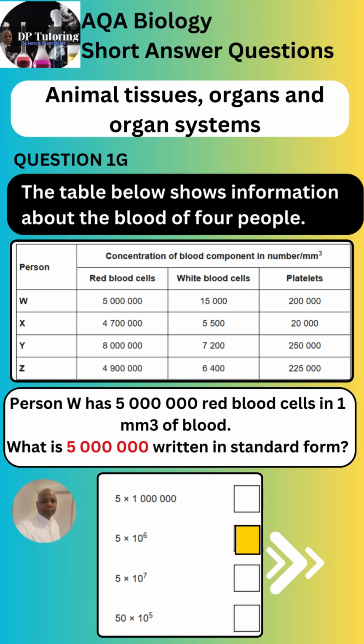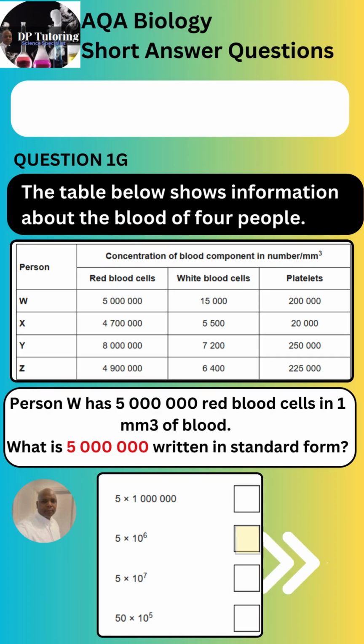The correct answer for writing 5 million in standard form is 5 times 10 to the power of 6. If you are not confident in writing in standard form, again, pause the video and practice writing in standard form or reviewing what are some of the rules writing in standard form before you continue.